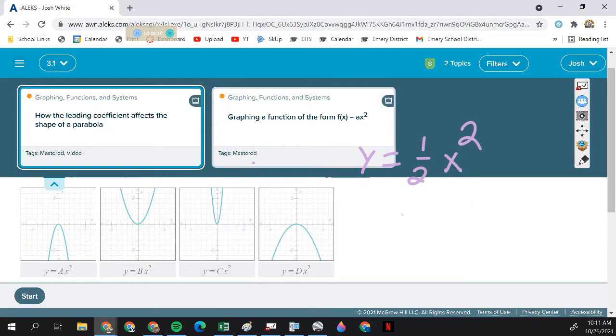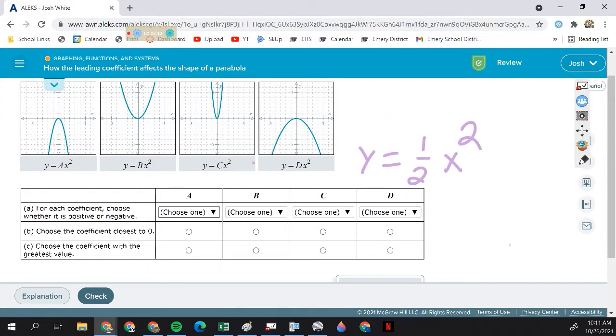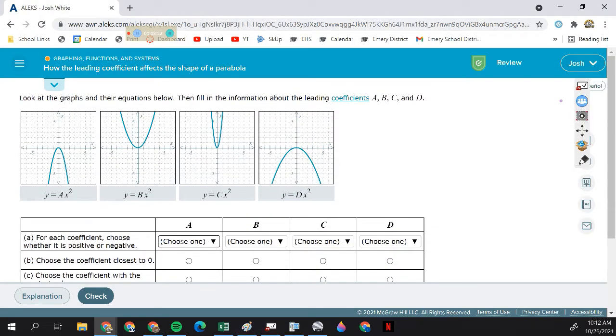All right. Let's look at this one. All right. So let's put these in order according to the smallest number and the biggest number. So we're looking at the number in front of the x squared.